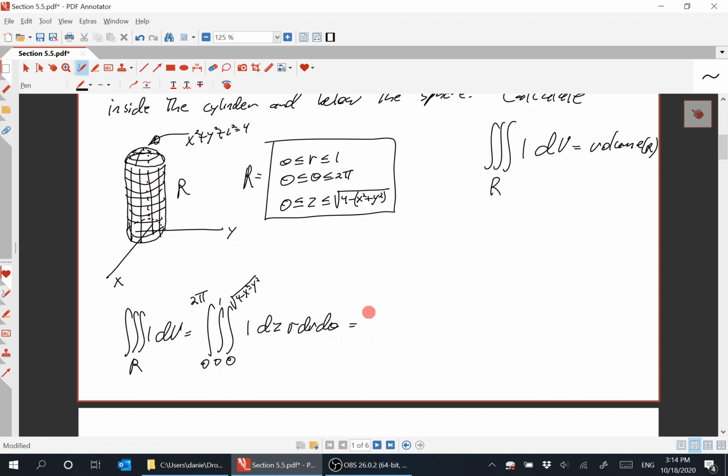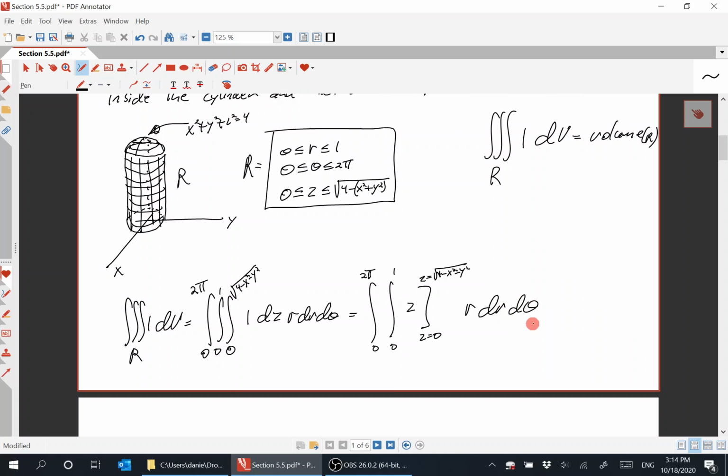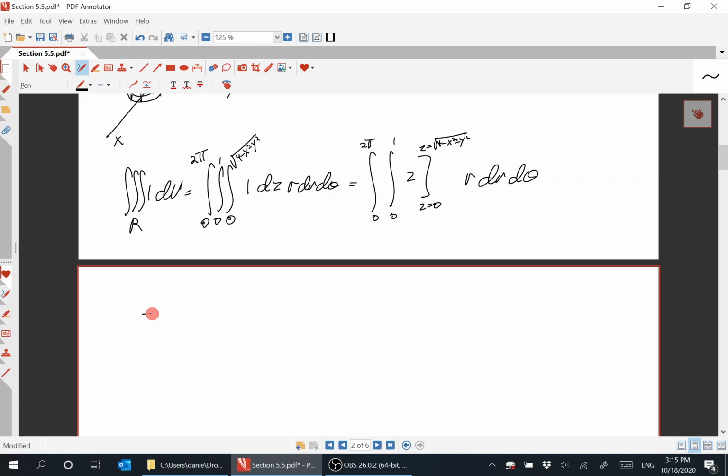So the antiderivative of that is z from z equals 0 to z equals square root of 4 minus x squared minus y squared, r dr d theta. So this is equal to the integral from 0 to 1, integral from 0 to 2 pi, and then it's just equal to this minus 0.